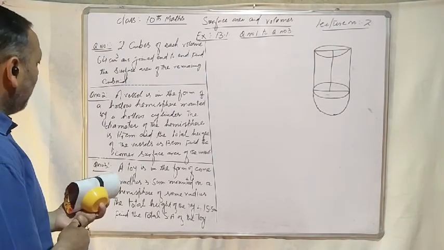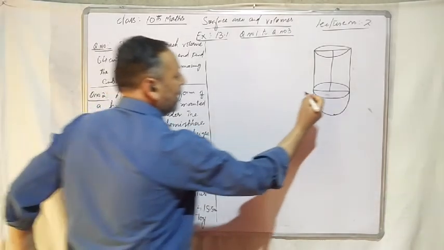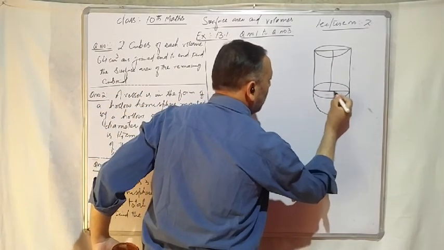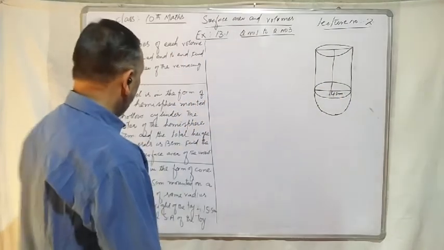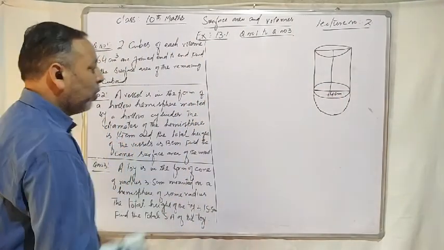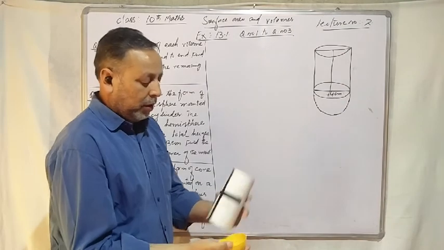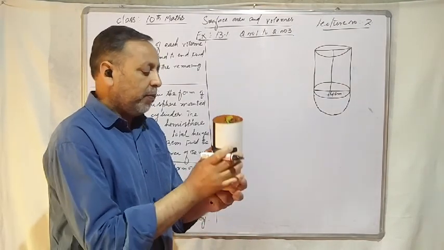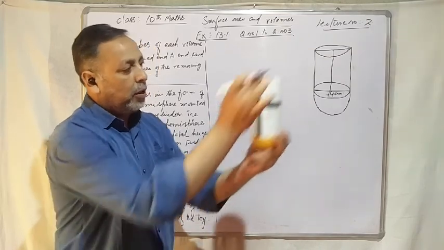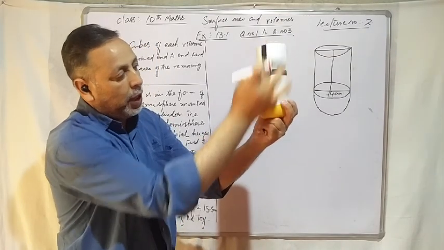Now, the question says the diameter of the hemisphere is 14 centimeter. That means this diameter is 14 centimeter. And the total height of the vessel is from this point to this point.